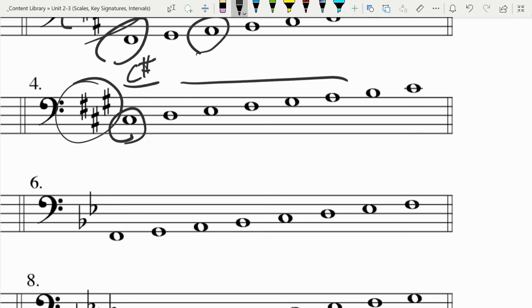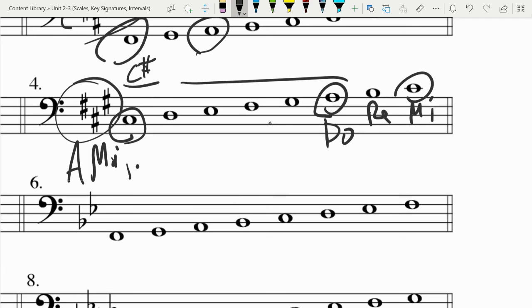So if you want to think relative, think 3 sharps, A major, and then find A, that's do. So then you would think do, re, mi, or do, ti, la, so, fa, mi. Either way, we're going up the 3rd or down the 6th, which means C sharp is mi, which is the 3rd, the mi.